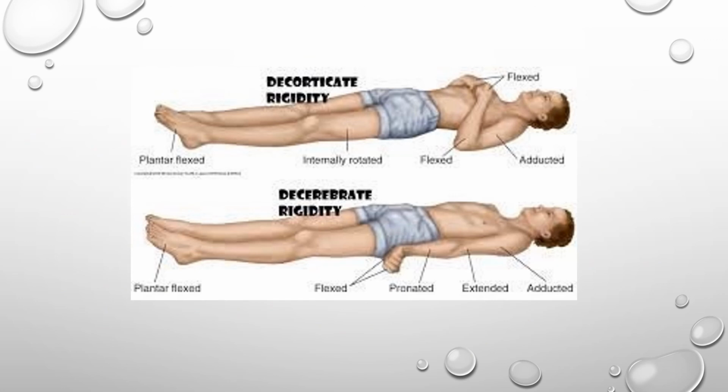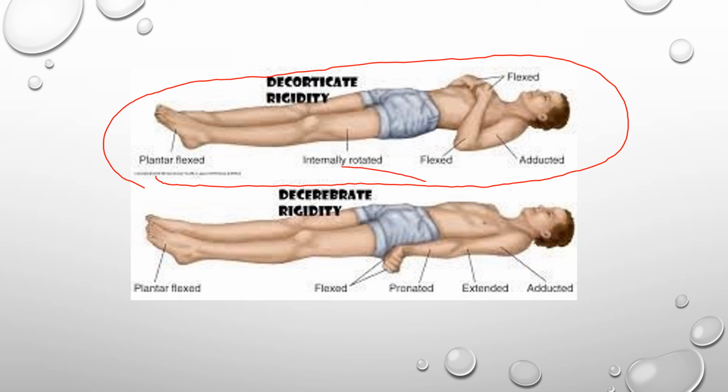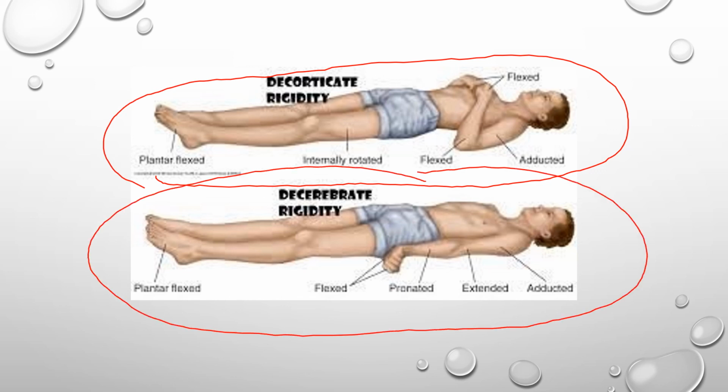Now this picture demonstrates the decorticate rigidity and decerebrate rigidity. In the decorticate rigidity, we can see that the upper extremities are flexed, whereas the lower extremity is extended. Now how to remember this? There is a mnemonic that in decorticate posturing, your hands are near the core. Near the core means near the heart, as we can see from this picture.